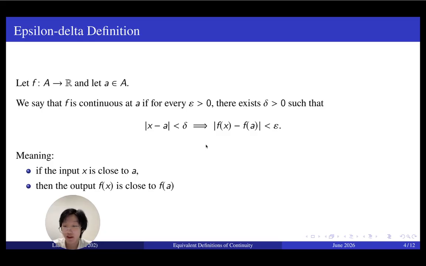The meaning is clear. If x is close enough to a, then f of x is close to f of a. This is the most direct and classical definition of continuity in analysis.